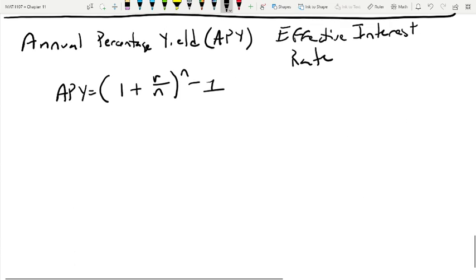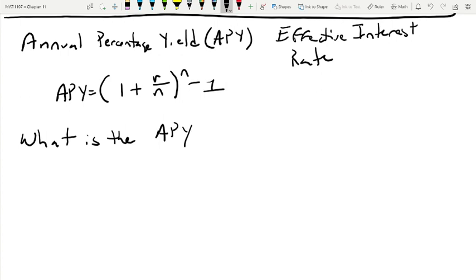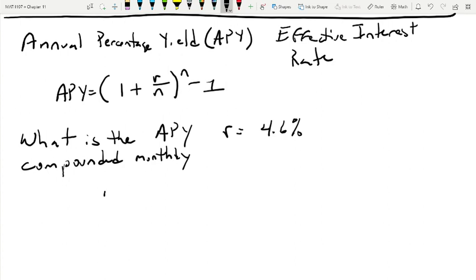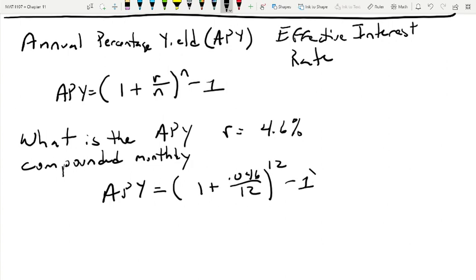So given something like this, so what is the APY? If R was equal to 4.6% compounded monthly. And so my APY is going to be given by 1 plus 0.046 over 12 raised to the 12th minus 1.